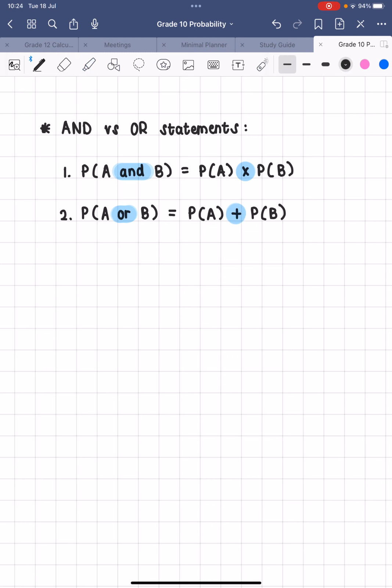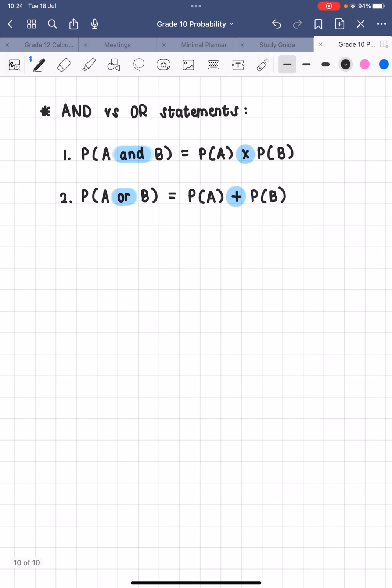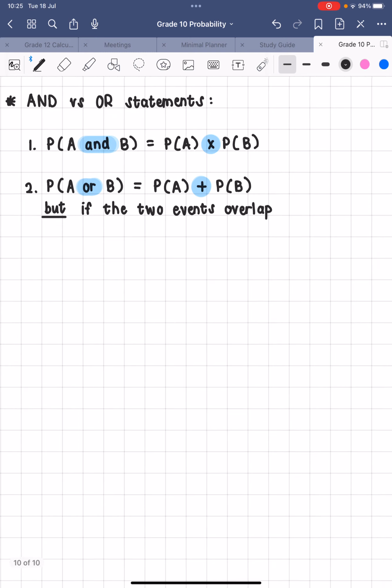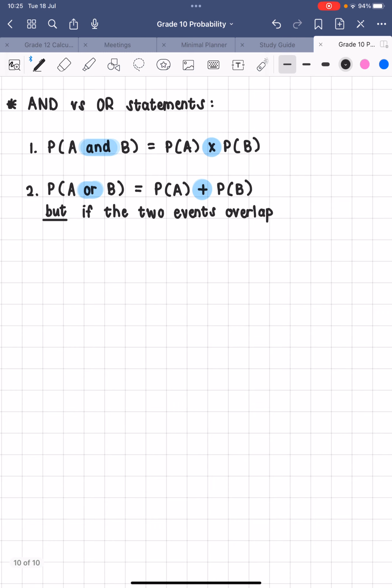But now for the or, there is just one extra thing, which, yes, we'll do an example. So let me just add here, but if the two events overlap, and what I mean by overlap is basically if they have 1 or 2 or 3, however many numbers that are in both events.